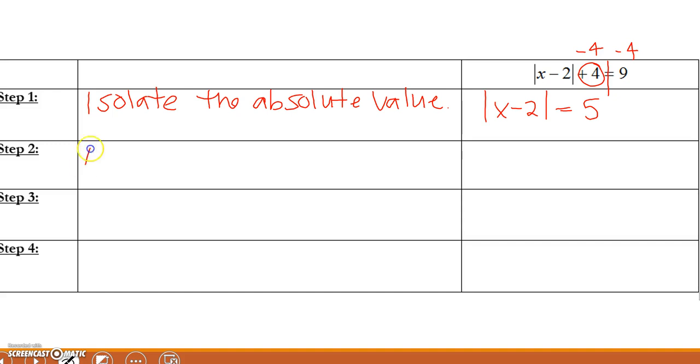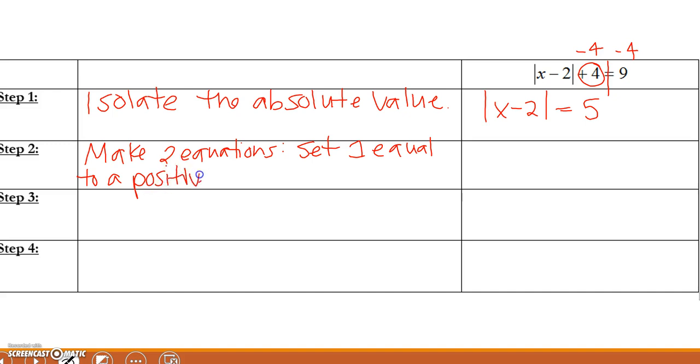Step 2, you make two equations. This is how you're going to get your two solutions. What you do is you set one equal to the positive number, and one equal to a negative.